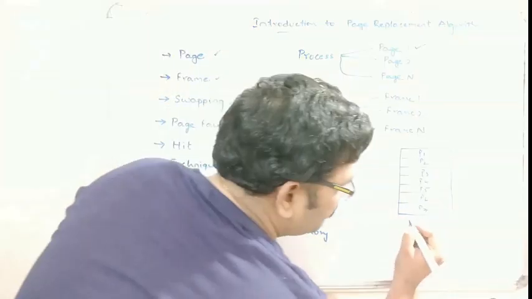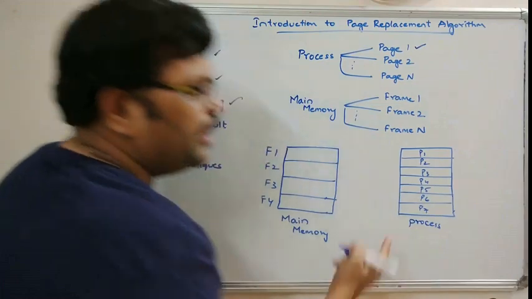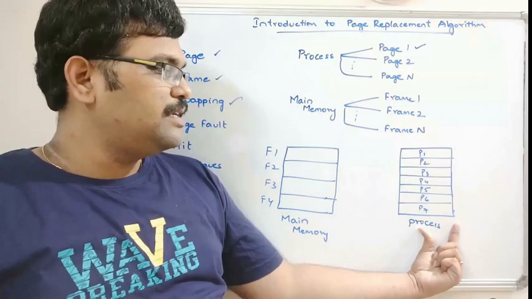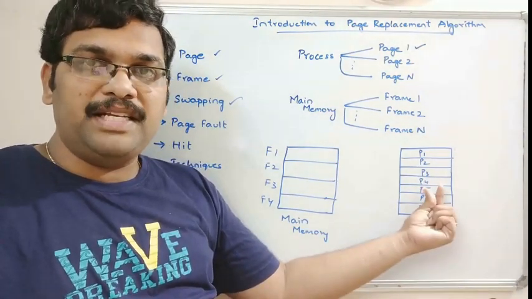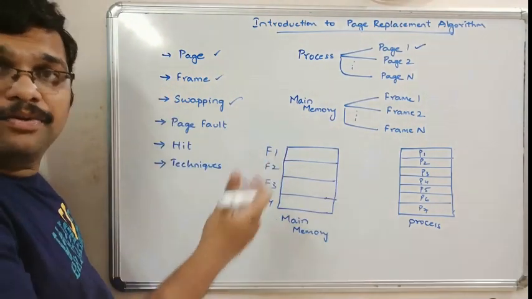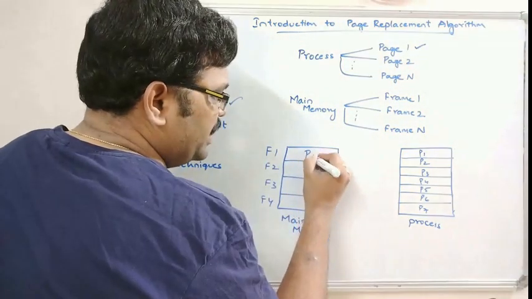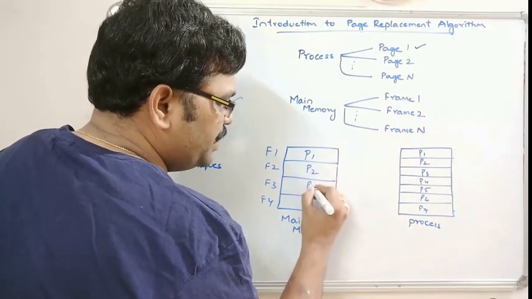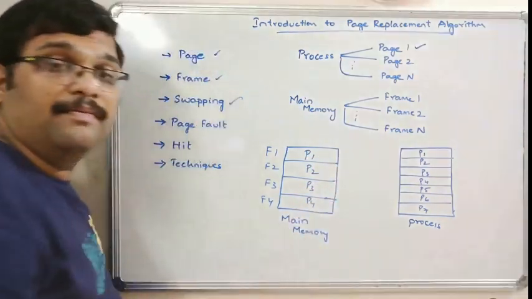So this is the process. If you want to execute this process, first we have to load these pages into these frames. So page 1 is here, next page 2 is here, page 3 is here, page 4 is here.